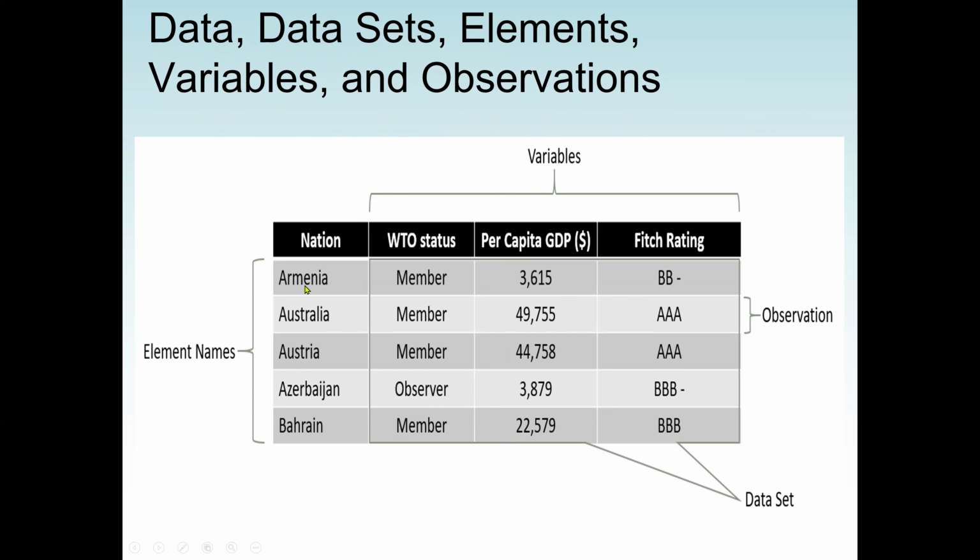The elements are the content. So Armenia, member, 3615, BB. This will be one observation, or one element. And the whole concept here, all the items we have here, is called a data set.